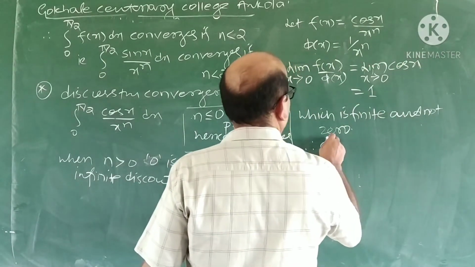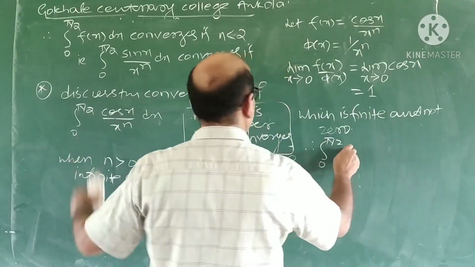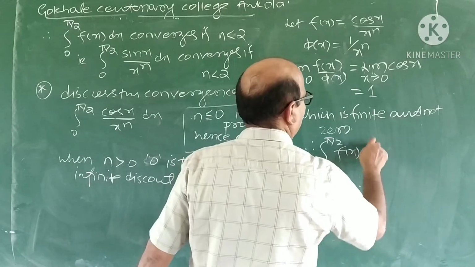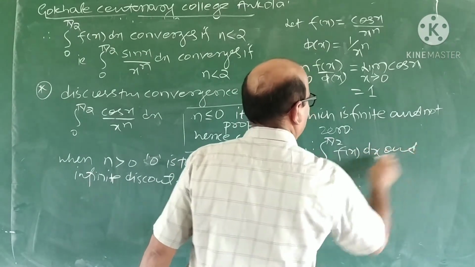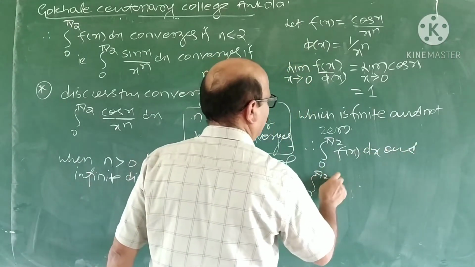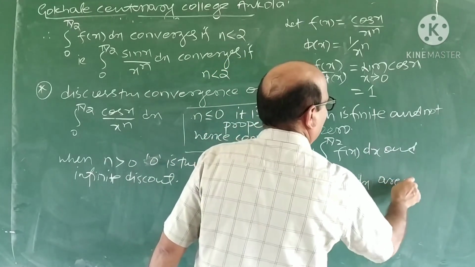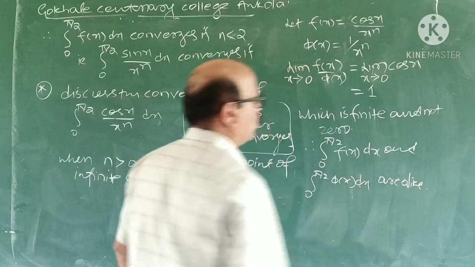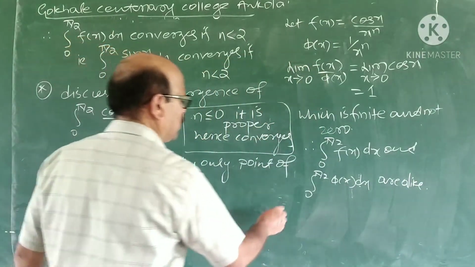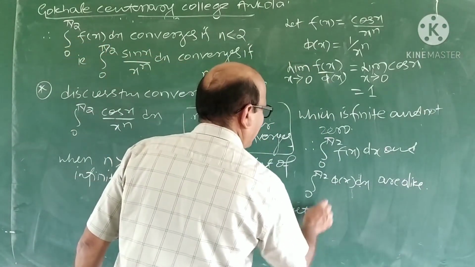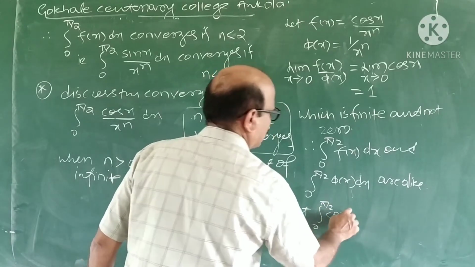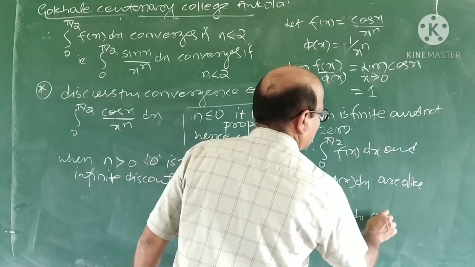Therefore, the integral from 0 to pi by 2 of f(x) dx and the integral from 0 to pi by 2 of phi(x) dx are aligned. Either both converge or both do not converge.